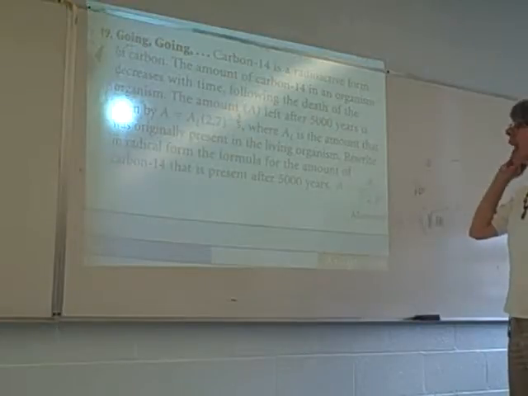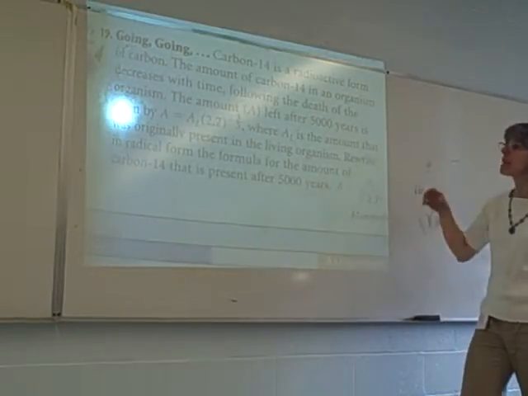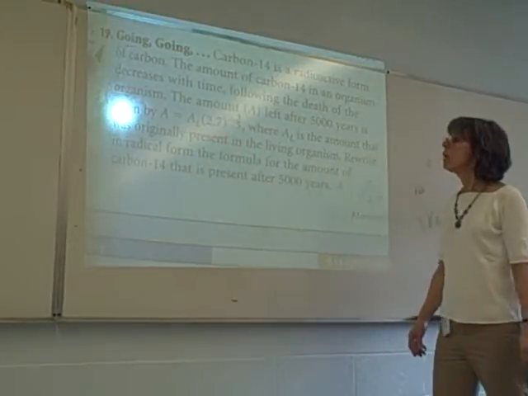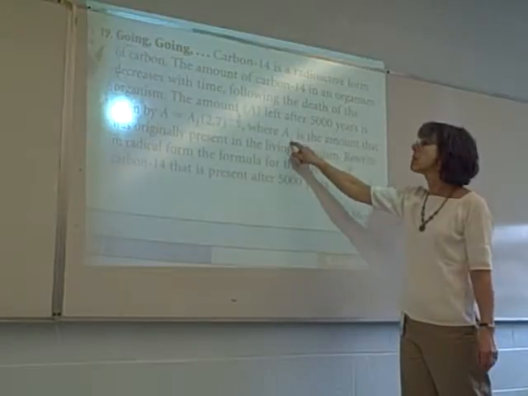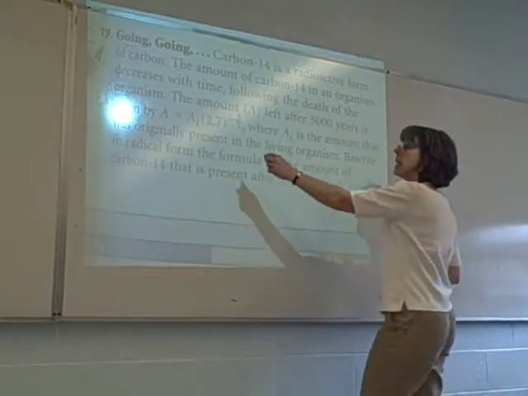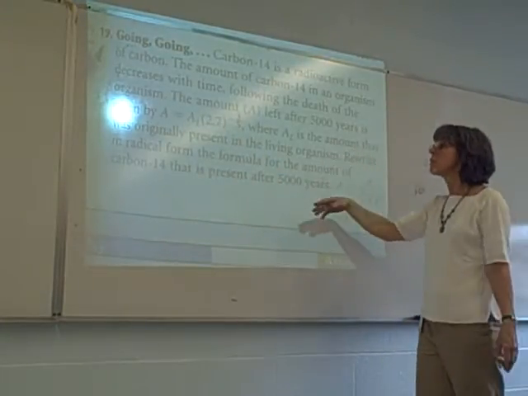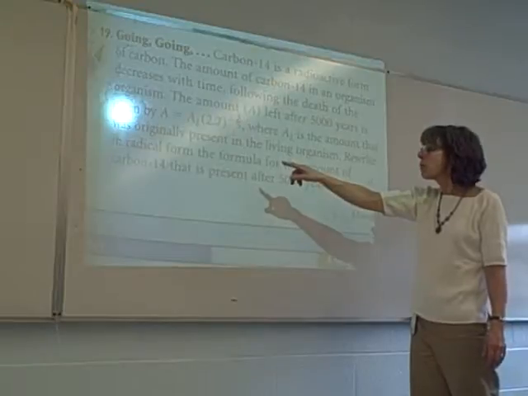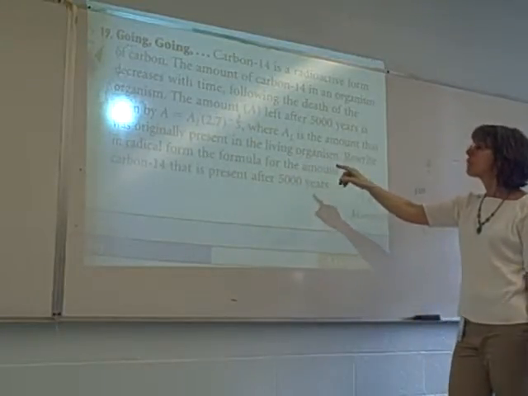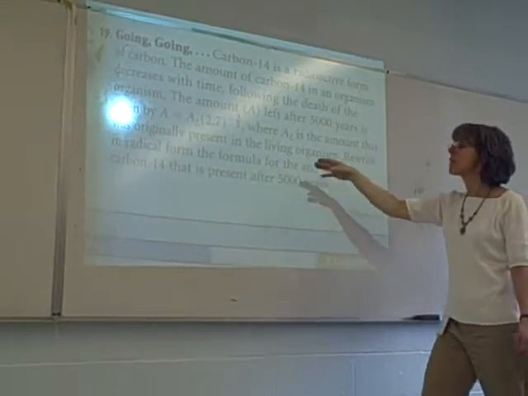So the amount A left over after 5,000 years is given by the formula, where A sub L is the amount that was originally present in the living organism. So this is just saying, rewrite in radical form the formula for the amount of carbon that is present after 5,000 years.